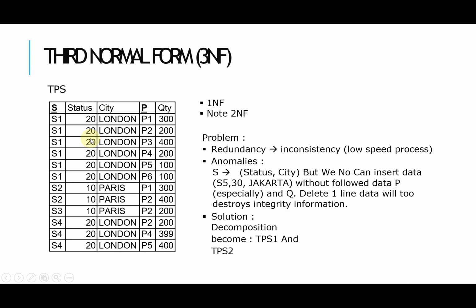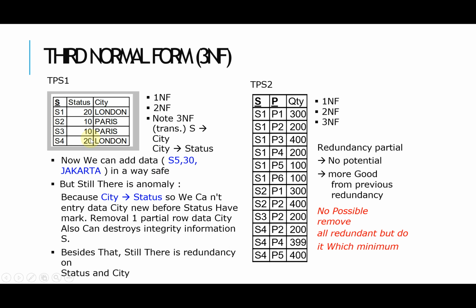Okay, we have table TPS1 with S, status and city, and TPS2 is SPQT. Okay, and the TPS2 is 1NF, 2NF, and 3NF.